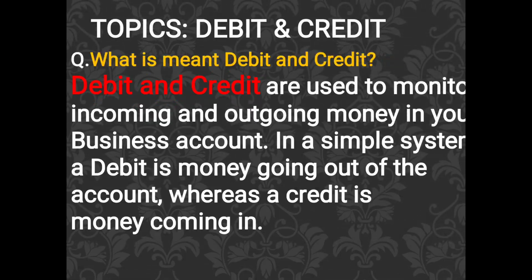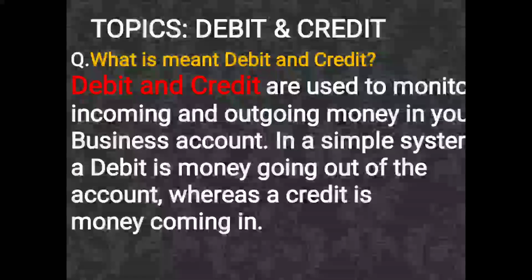Dear learners, now we can know what is meant by debit and credit, the very important item for this chapter of accounting. Debit and credit are used to monitor incoming and outgoing money in your business account.